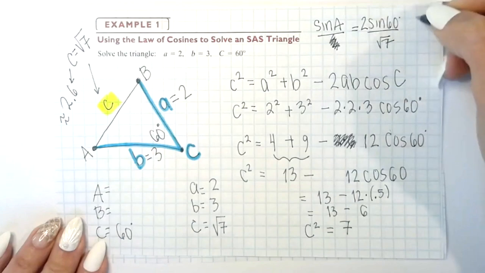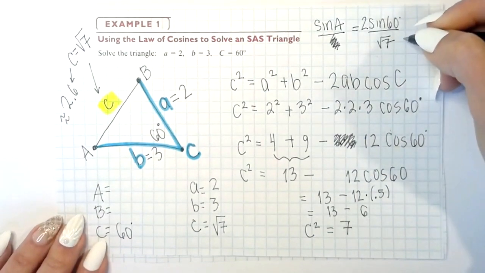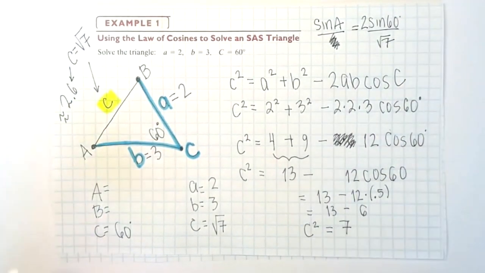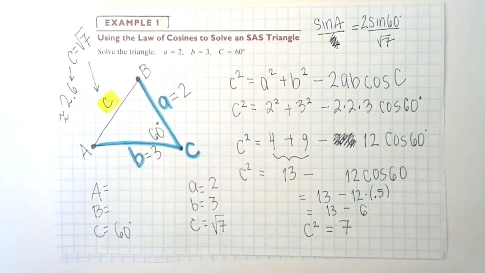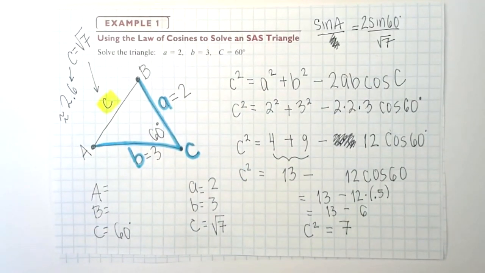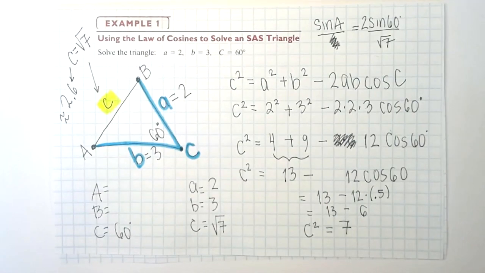Go ahead, type that in, get that decimal. My calculator said, I think it was radical 21 over 3, I believe. Actually, I think I still have it on my screen. Yes, radical 21 over 7.